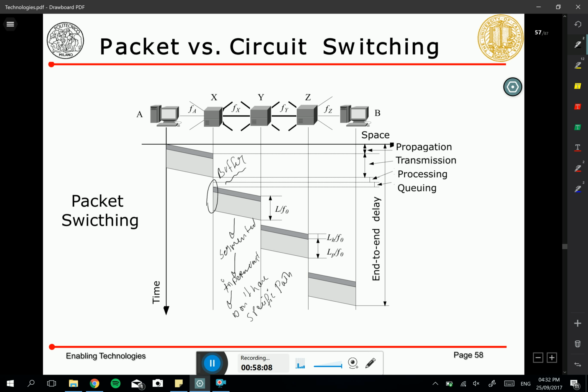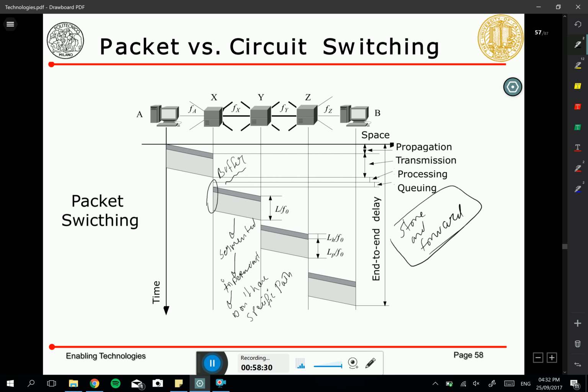So the real difference between circuit switching and packet switching is that in packet switching, we use a transfer paradigm which is called store and forward. You send the packet, you receive the packet, and then you wait until it's your turn, and then you go: store, okay, get the information, and then forward.